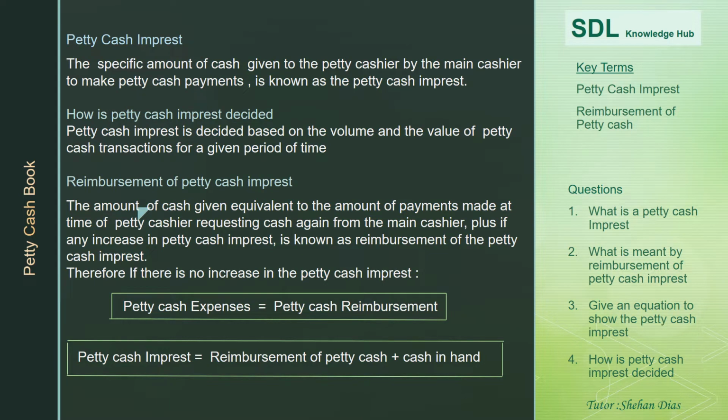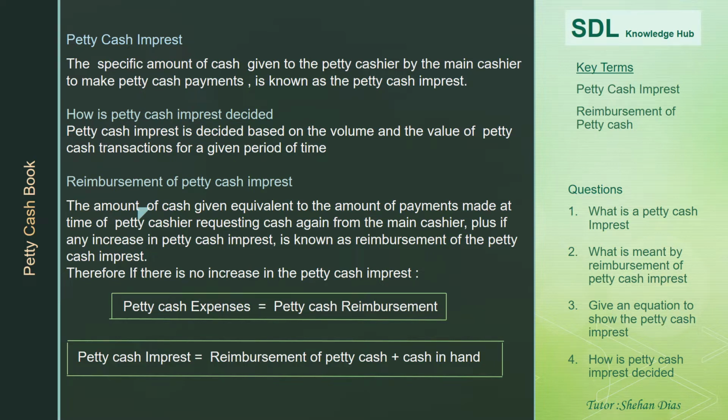Petty cash imprest is the specific amount of cash given to the petty cashier by the main cashier to make the petty cash payments. Now, how this petty cash imprest is decided by the management is based on the value and the volume of transactions for a period of time.